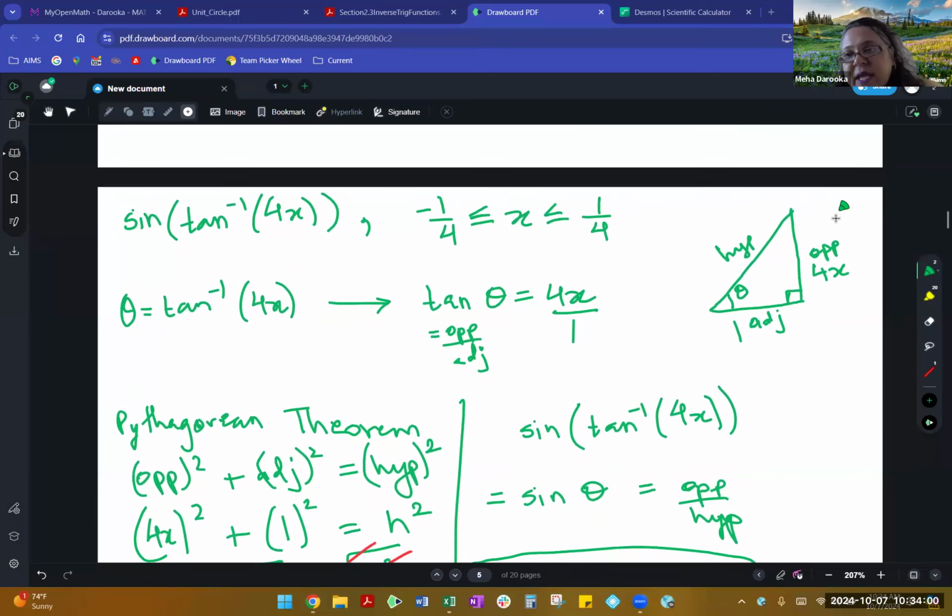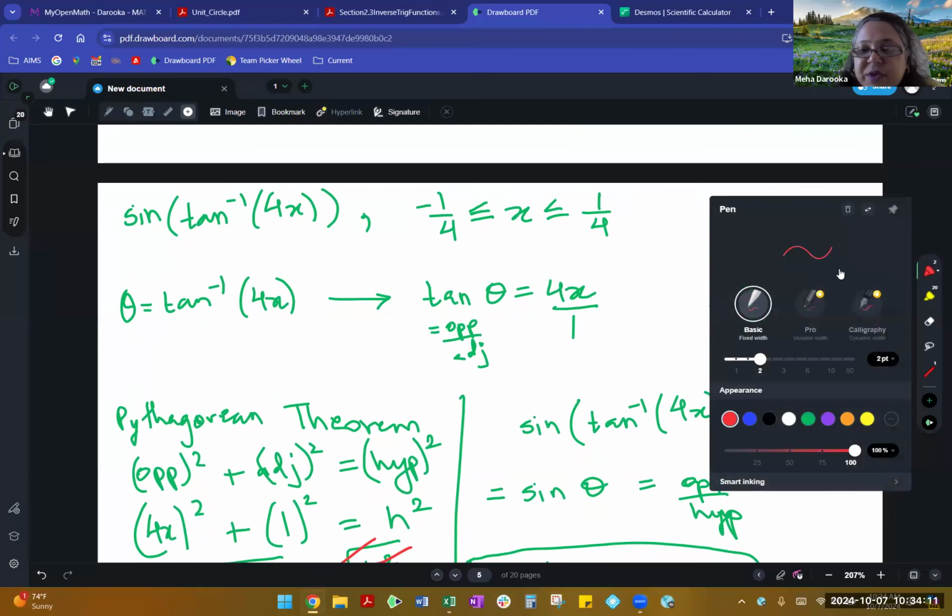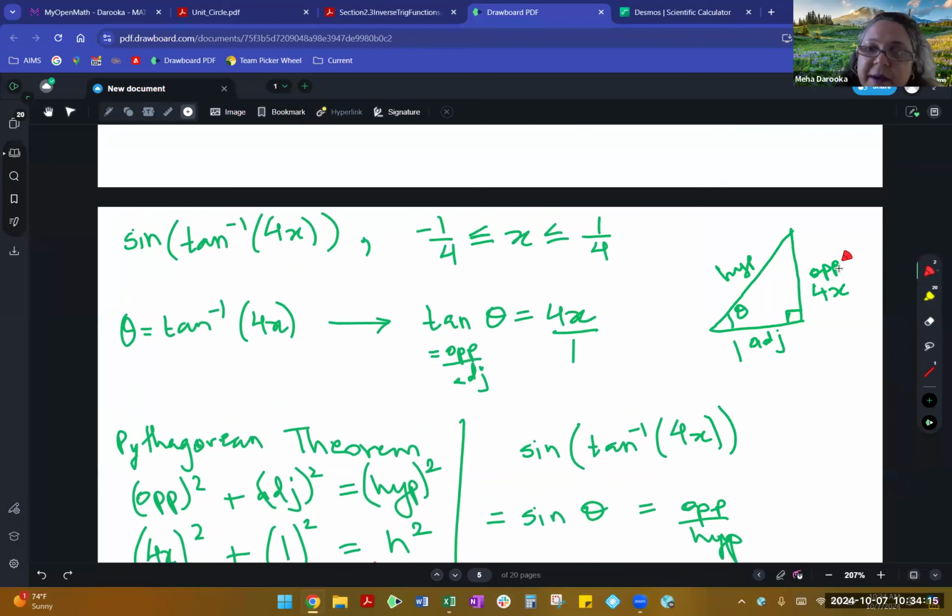If we go back to our triangle here, you will see the opposite side, since that had come from the tangent function, was only 4x. So your opposite side is going to be 4x, and then the hypotenuse that we just calculated was the one that had come out to be the square root of 16x squared plus 1. So your square root is only going to be on the denominator.